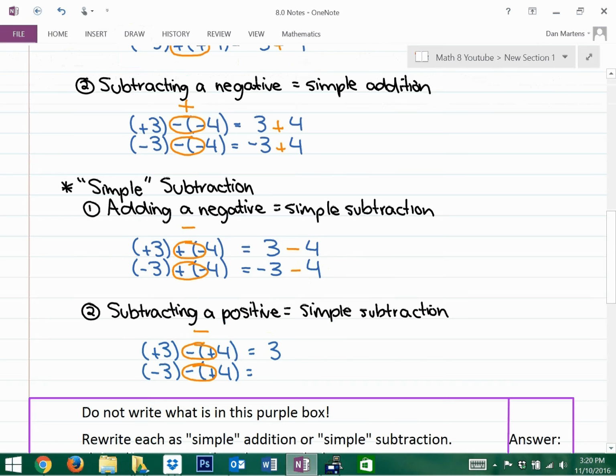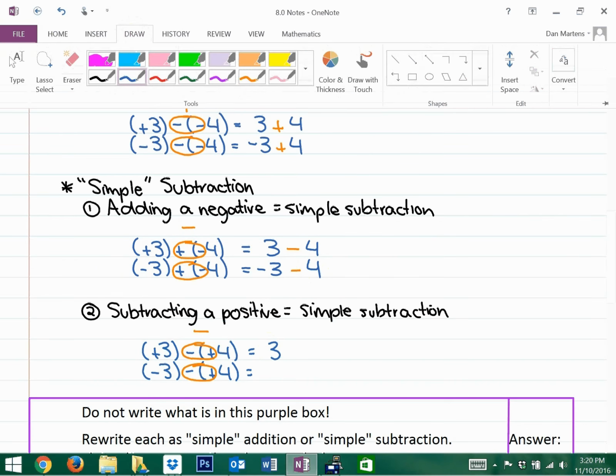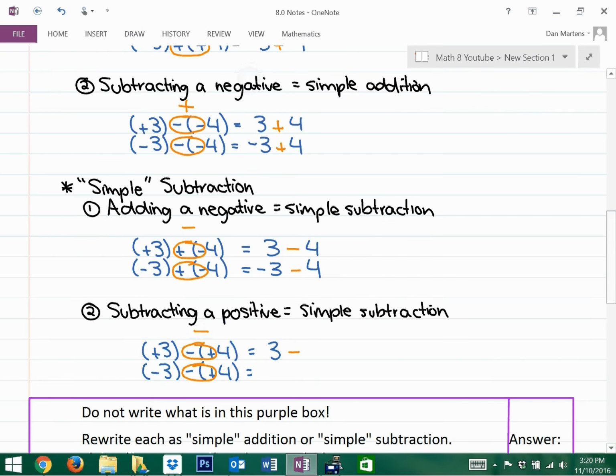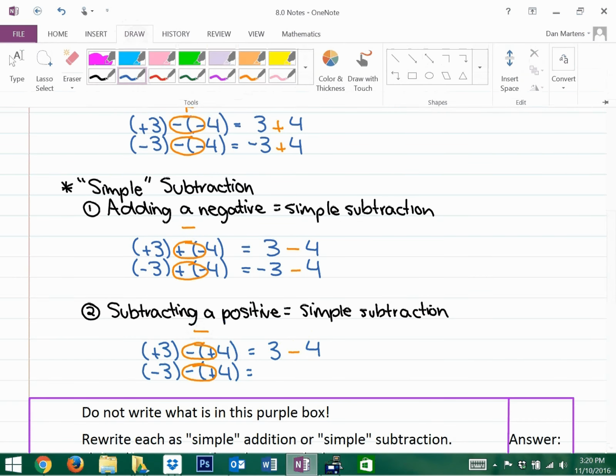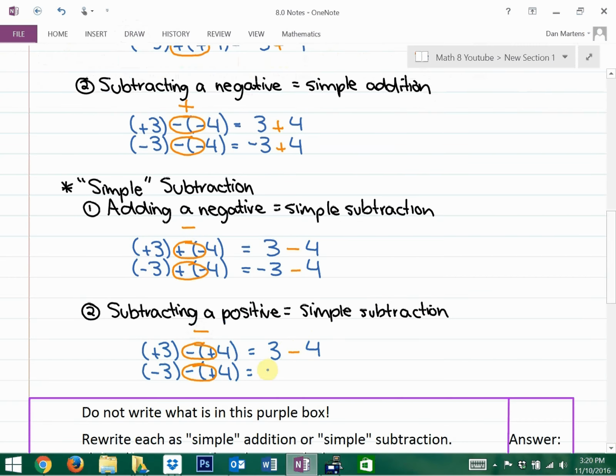So it's 3, and subtracting a positive is equivalent to simple subtraction, so it's going to be 3 minus 4. And the last question is negative 3, and subtracting a positive is equivalent to simple subtraction, and 4. Okay? So that might help you identify if you're doing simple addition or simple subtraction.